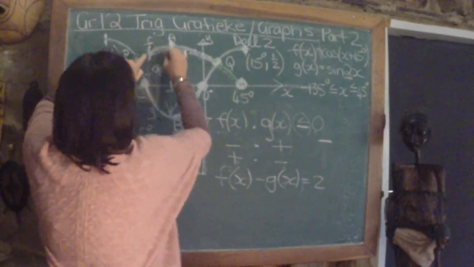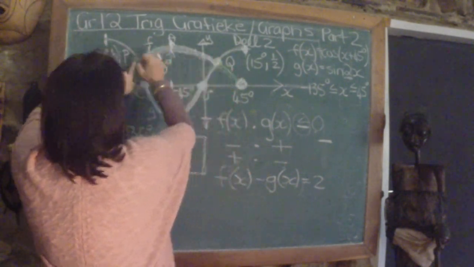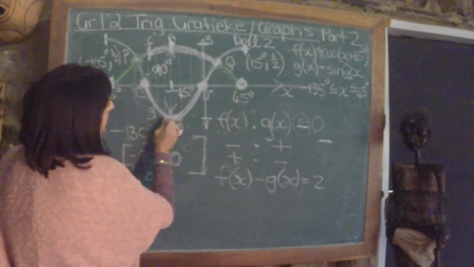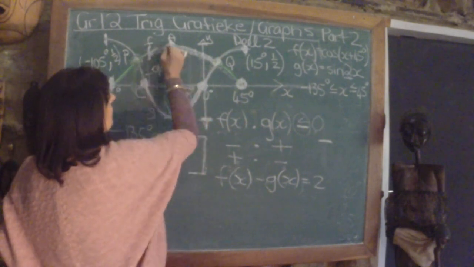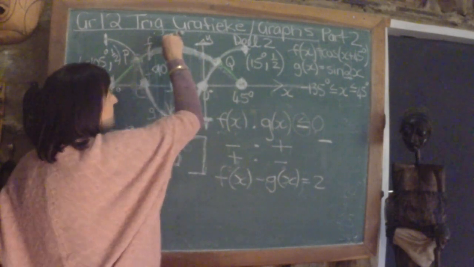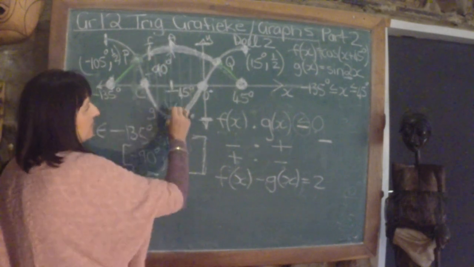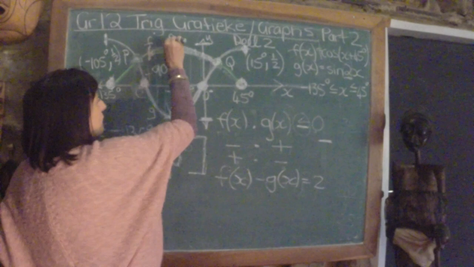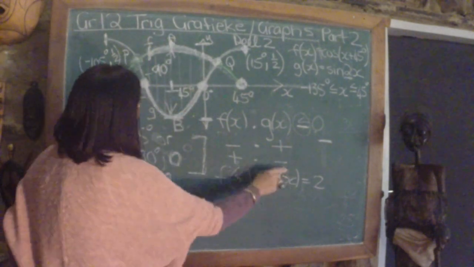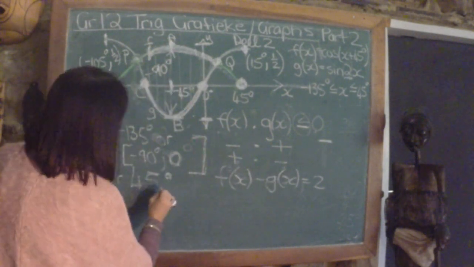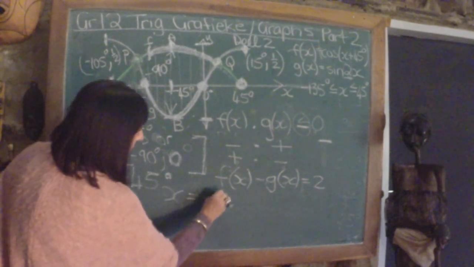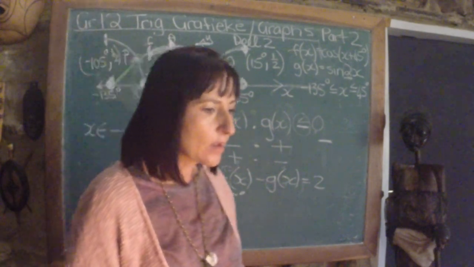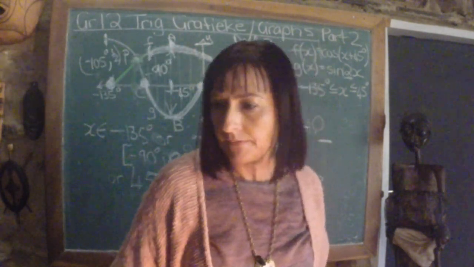So where will the distance be 2 where fx is at the top of gx? Nou ons kan almal sien, ons weet dat hierdie waarde min 1 was en dat daai waarde 1 was. So dis die enigste plek en dis die breedste plek. It's the widest where the answer of f minus g is going to equal 2. So that's where x equals minus 45 degrees. That's your answer. Okay.